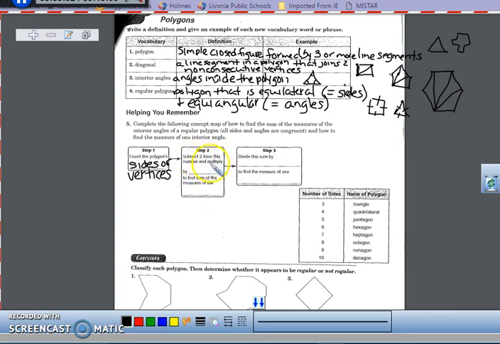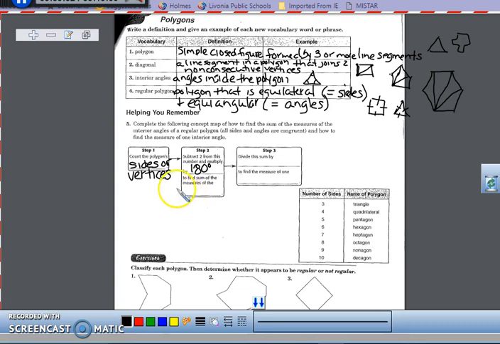We're going to subtract 2 from this number because there's always going to be 2 less triangles. And we are going to multiply by how many degrees in a triangle? 180. Okay, so we have to figure out how many triangles there are inside each shape. Just like on a quadrilateral there were 2, so we did 360 for what it equaled. Now we just have to subtract 2 from the number of sides, times that by 180, and that gives us the total number of degrees in that polygon.